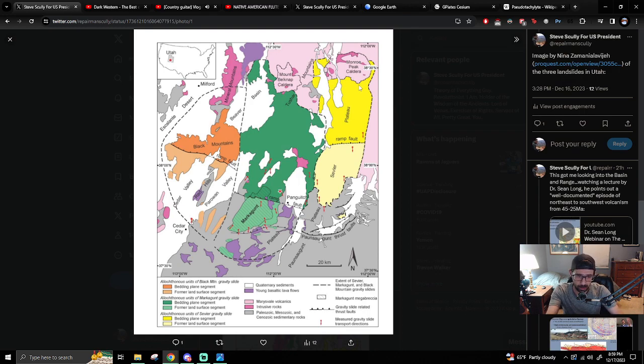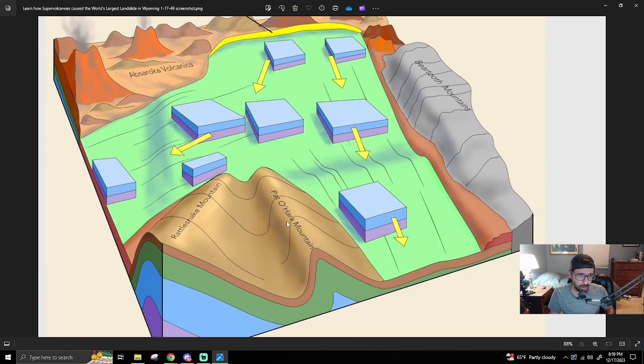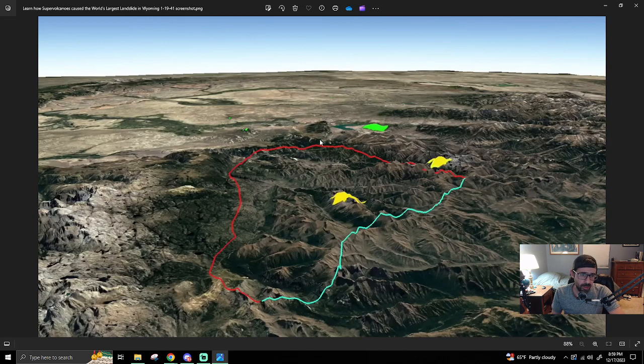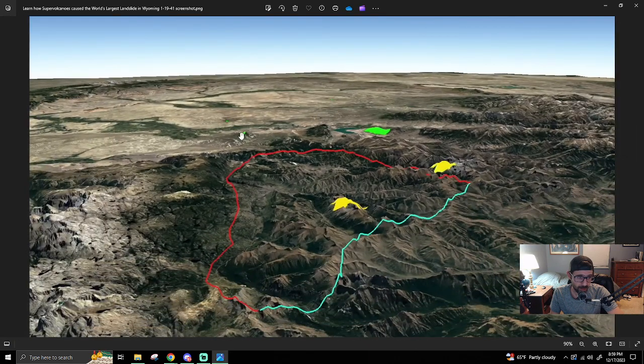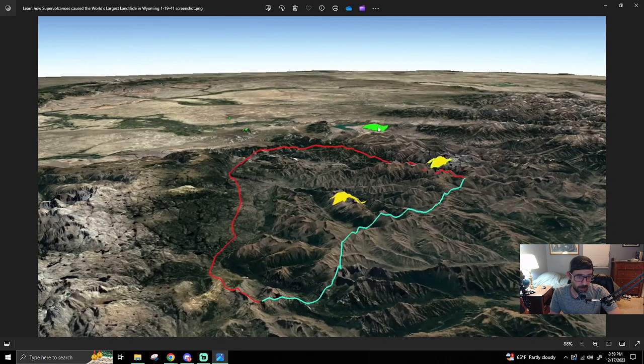Okay, so back to this one though. Oh yeah, I was looking at pictures. I was trying to get the pictures of that one. So it's just some more pictures. There's one way out there. There's another. This is Heart Mountain. The other one's McCullough, whatever that one was called.